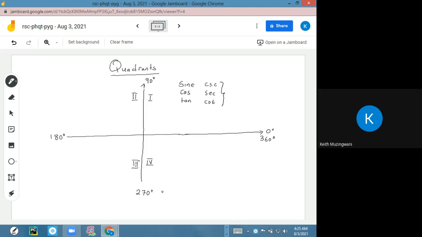All these, in the first quadrant, they give us positives. What we mean by first quadrant giving us positive, we mean if you pick sine 70, before you know its value, the sign of that value will be positive. If I pick cot 1, the answer will be positive. That is what the quadrants are telling us.